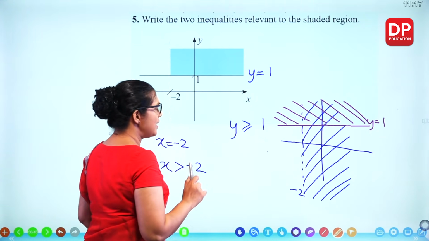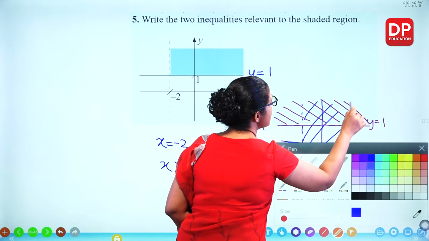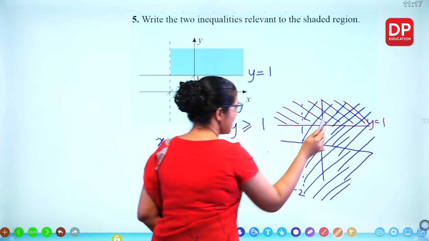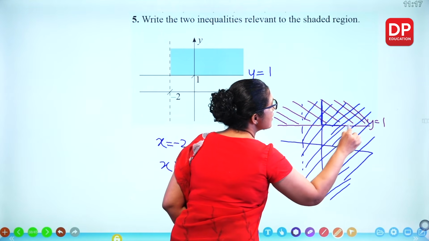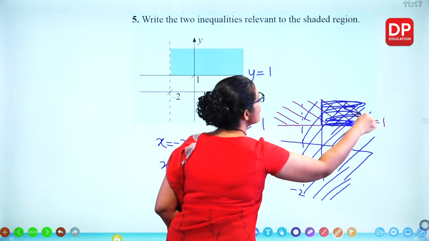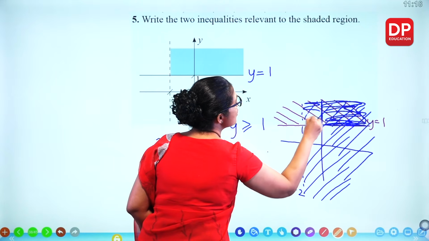Now, which part satisfies both of these inequalities? We can clearly see that this region satisfies both. So that's what they colored here.